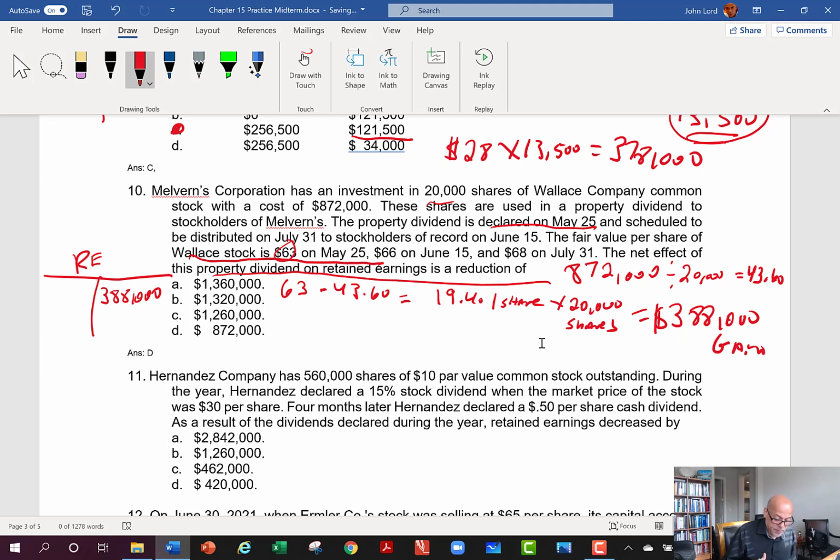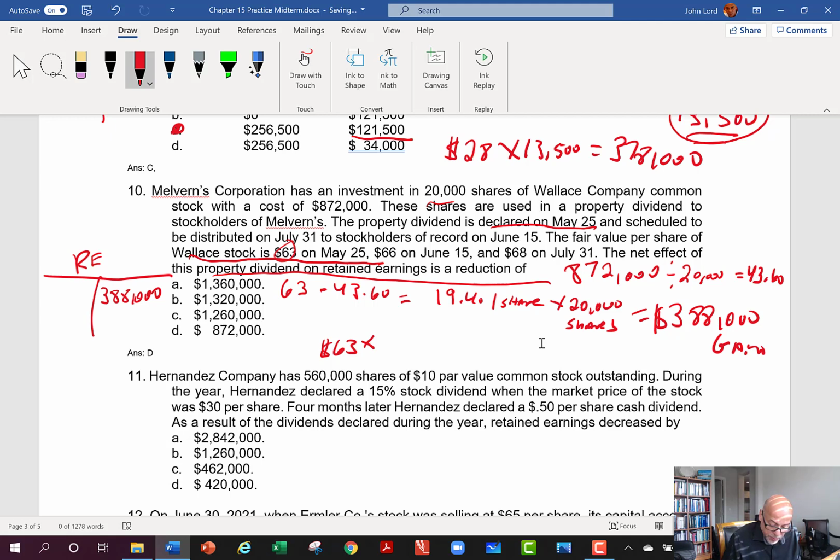And when I pay the dividend, I pay it on what? On that $63 per share. So now I say, well, $63 per share times, and they said that it has an investment of 20,000 shares.